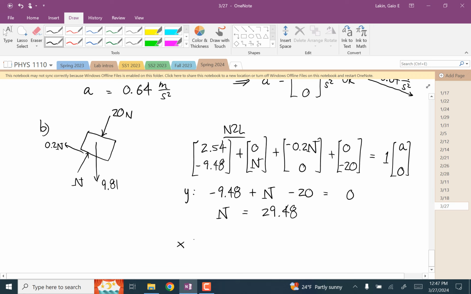Now the x equation says 2.54 minus 0.2 times 29.48 plus 0 is equal to a.